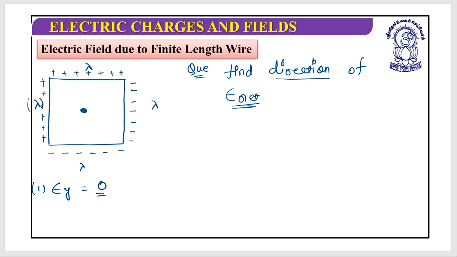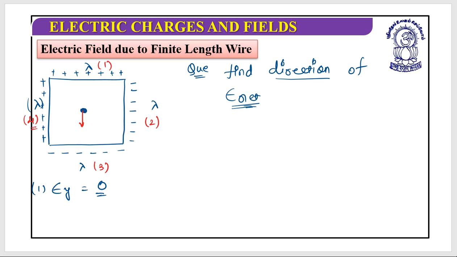Let's give the numbers. This is the first wire, second wire, third wire, and fourth wire. For the first wire, this is the positively charged wire, so my direction of electric field will be radially outward.